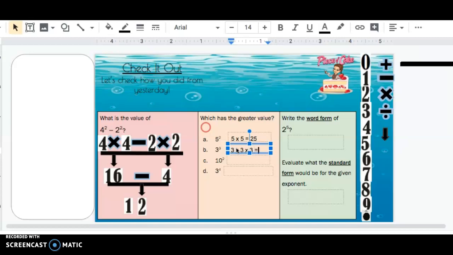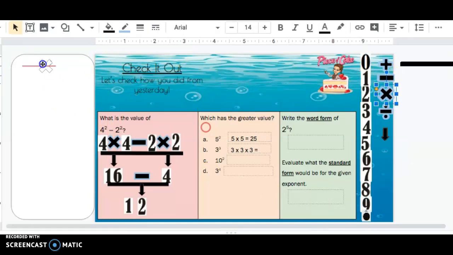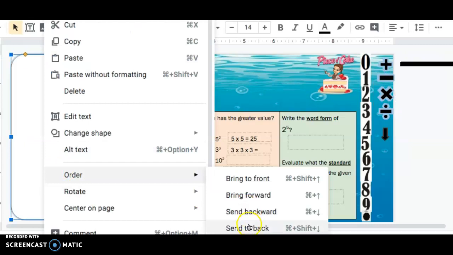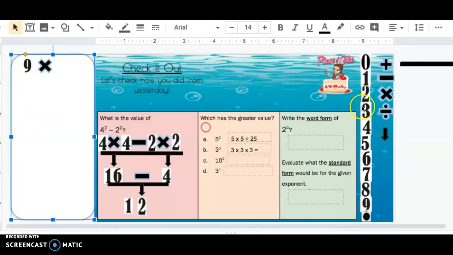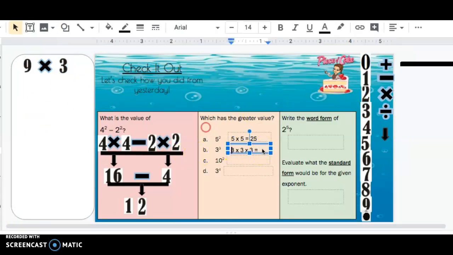And I know that 3 times 3 is 9. So I just have to do now 9 times 3, and I know 9 times 3 is 27. So then that means 3 times 3 times 3 is 27.